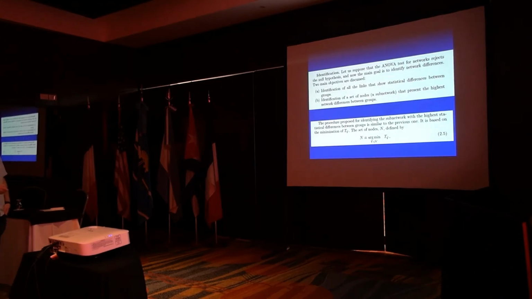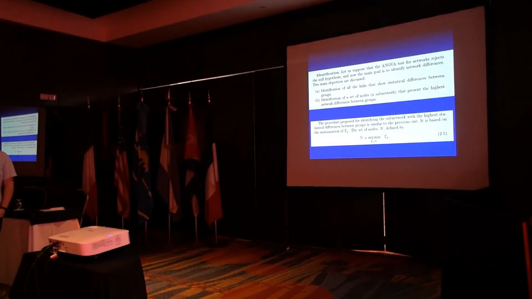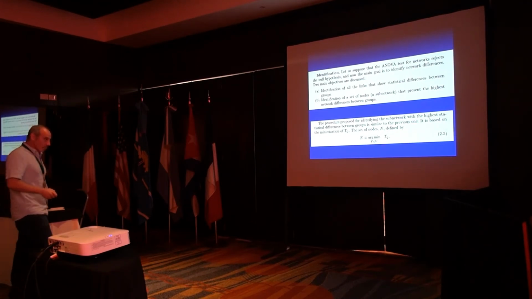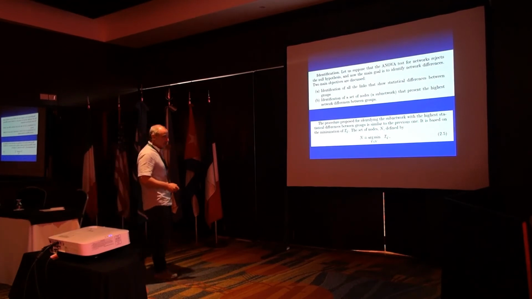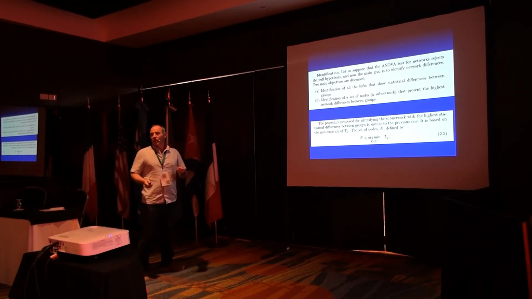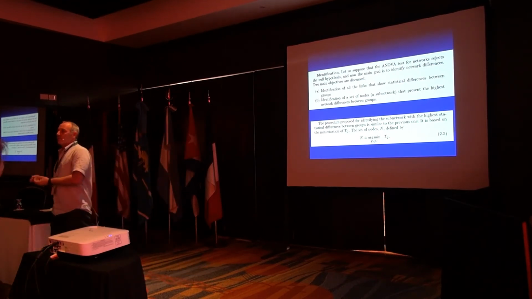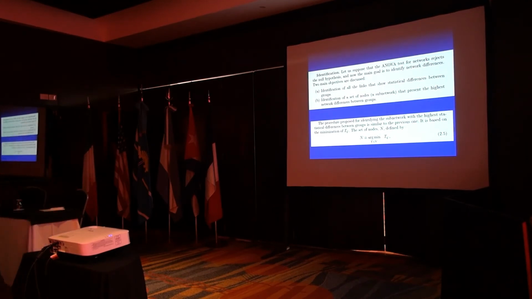This will be the identification problem. If I have to decide which is a subnetwork, it will be the one that optimizes the t value, but over a subset of nodes or links.